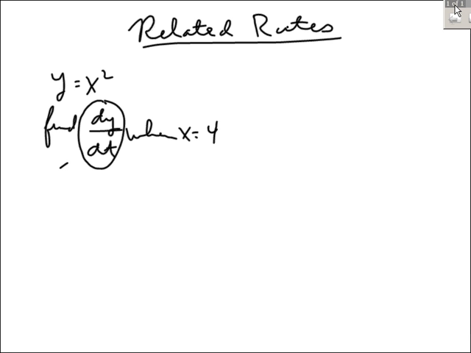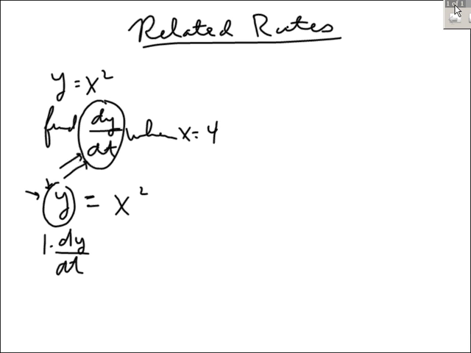So we're taking the derivative with respect to t. y equals x squared, that's given. The derivative of y is 1 times dy, and we're asked to find it with respect to t.